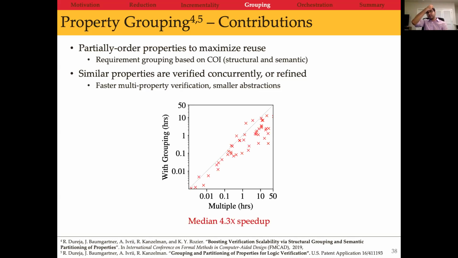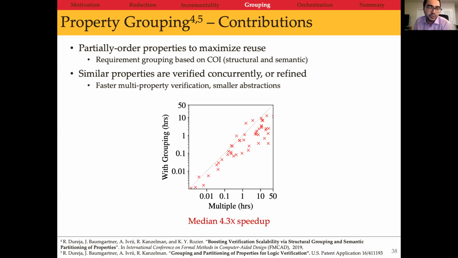In terms of end-to-end verification speed up, verification with grouped properties is almost always faster than verification with no grouping at all. As you can see from the figure, it gives us a median 4.3x speed up. Although it was known that grouping benefits multi-property verification, before this work there wasn't an efficient algorithm to perform property grouping.